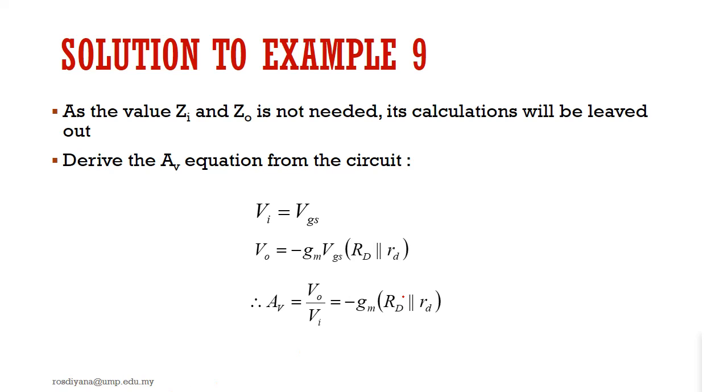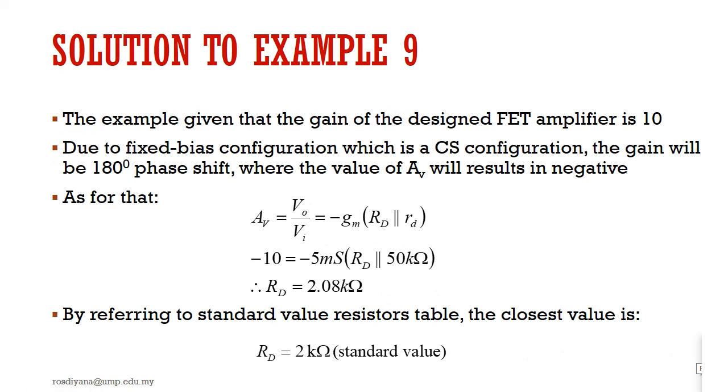We know that we want to find RD. We already calculated the RD, we calculated the GM, and AV is given. In the example, the gain is 10, which is this AV. Due to the fixed bias configuration, which is a common source configuration, the gain has a 180 degree phase shift.